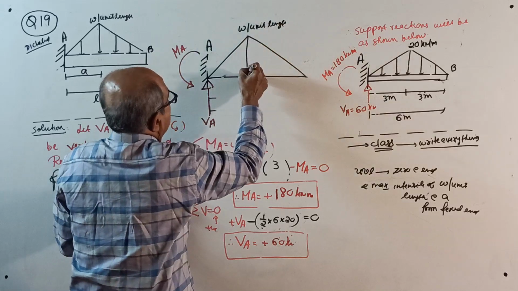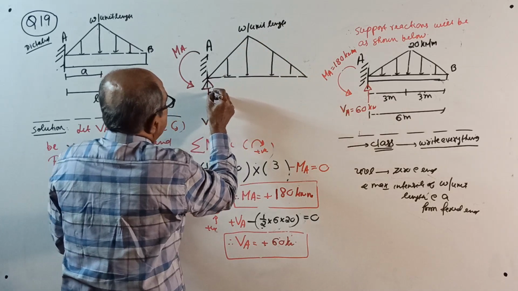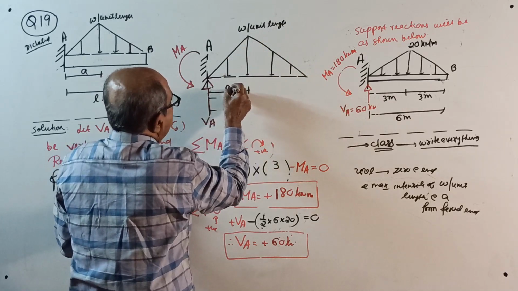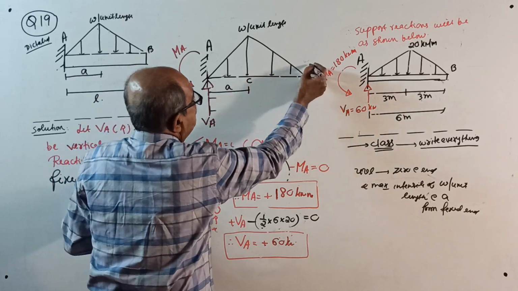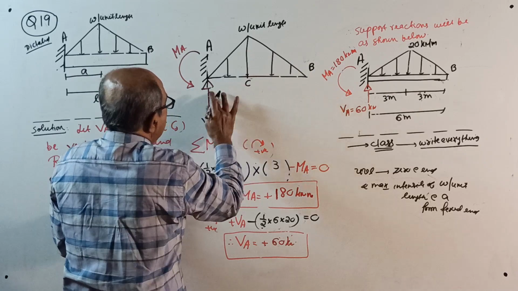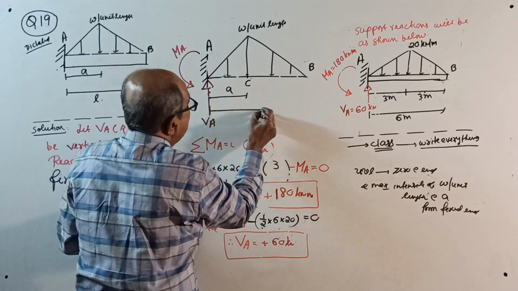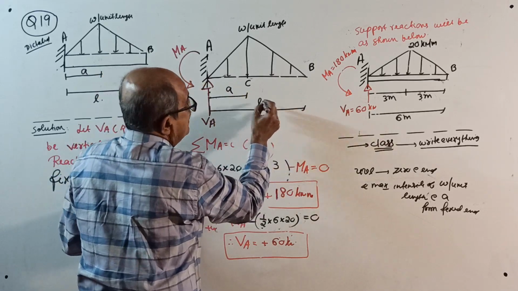See, this way. It is not center, it is unsymmetrical. So this is A. You do one thing, make this point B, let this point be C. Now, from here to here is A, span is L. Over. This is the question.